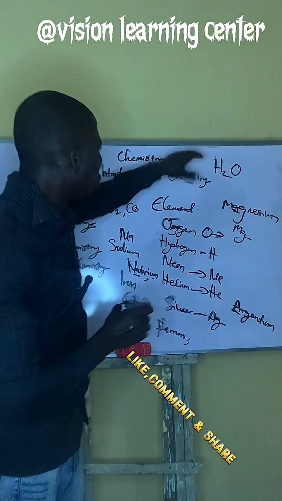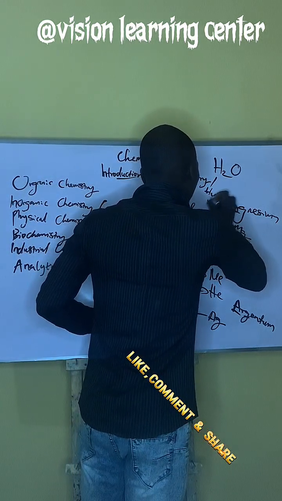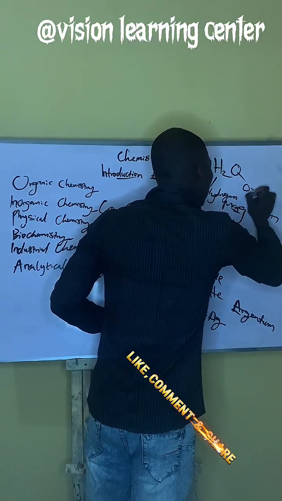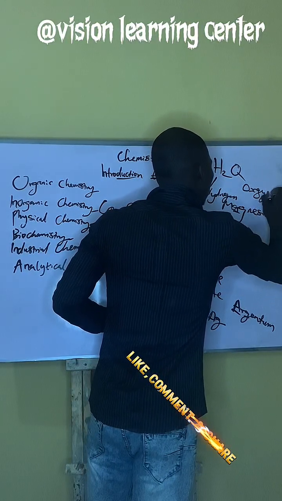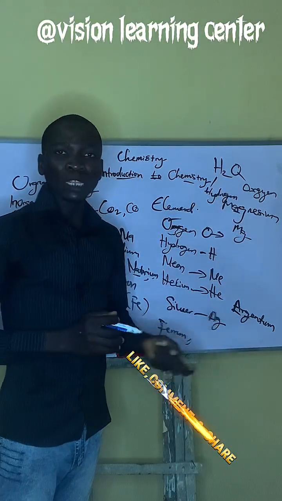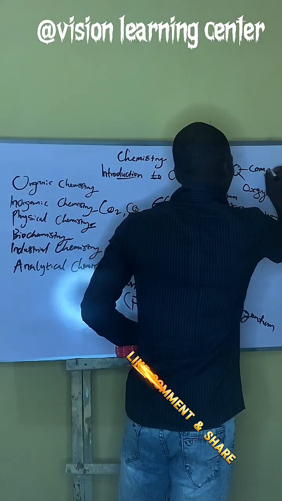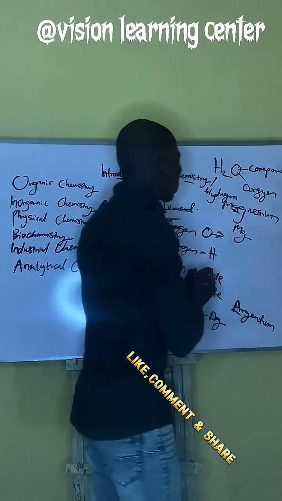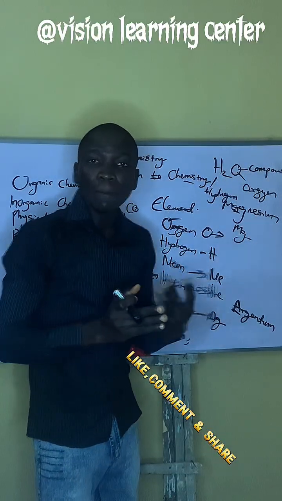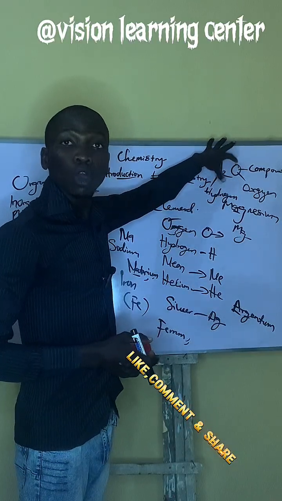In this H2O, there are two elements, hydrogen and oxygen. These two elements make up water, which is a compound. When two or more elements combine chemically together, they form what we call a compound.